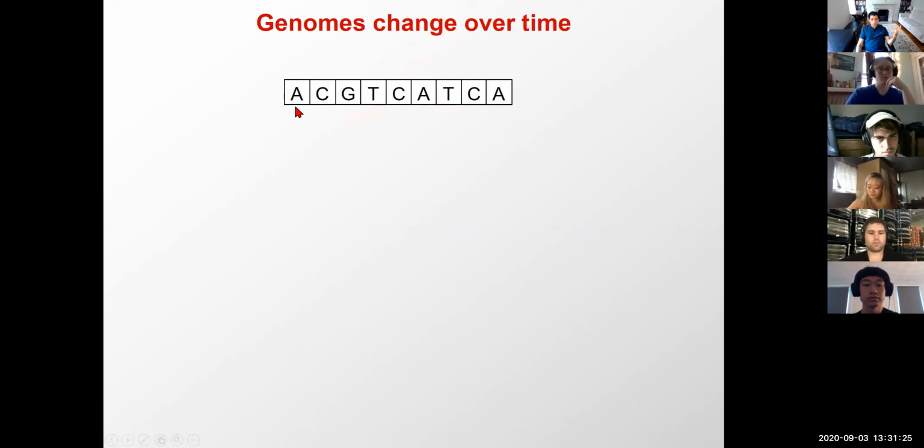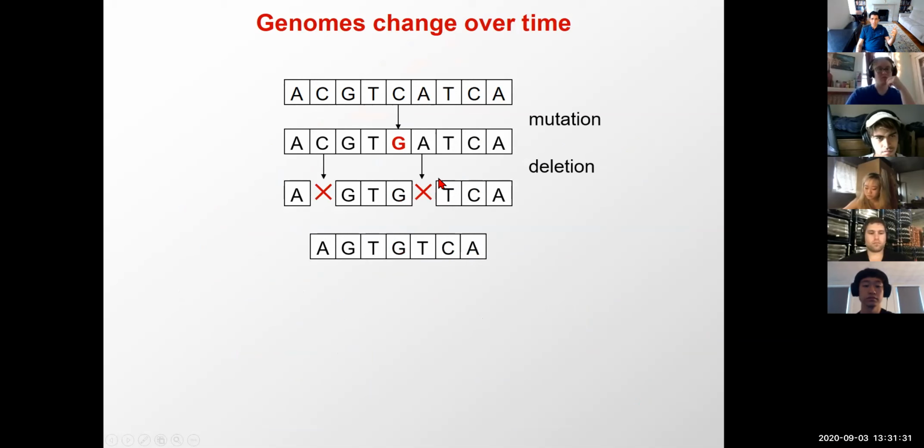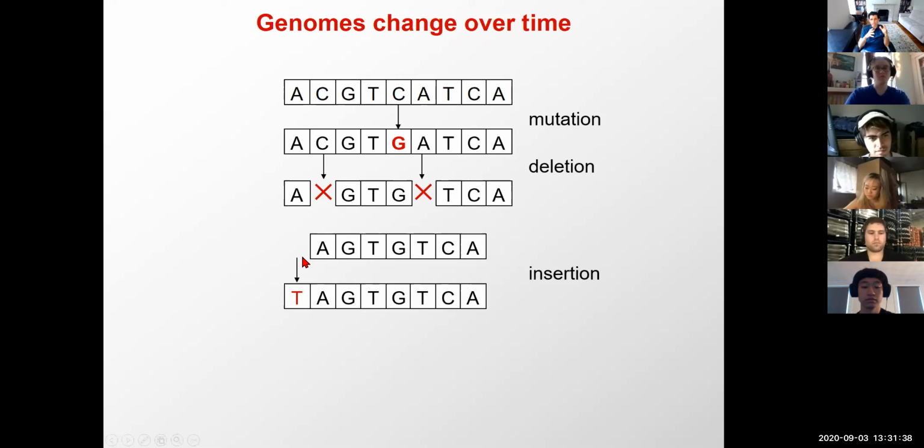So first of all, genomes change over time. There's mutations, there's deletions, and there's insertions. And these just happen because as DNA polymerase is happily walking along and copying DNA into DNA, it's basically opening up the double helix, and then it's making a second copy here, and it's making a second copy here.